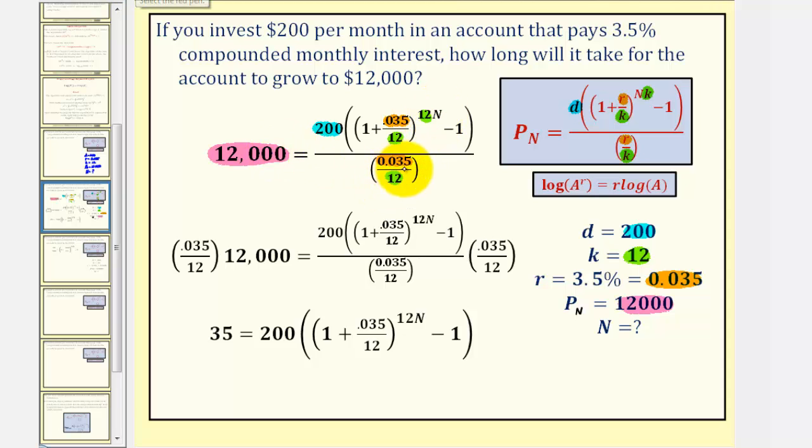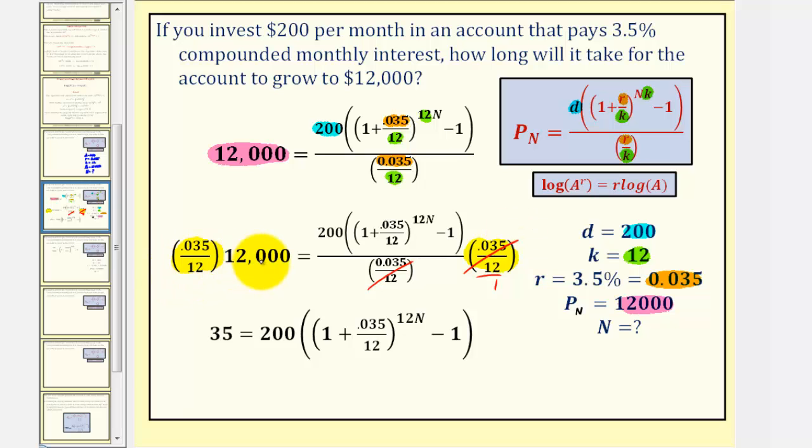Now to begin, notice how we have this fraction here in the denominator, and this fraction bar means division. So if we multiply both sides of the equation by this fraction here, we can eliminate this fraction from the right side. If it's helpful, we can think of this as being over 1, and therefore these two simplify to 1.